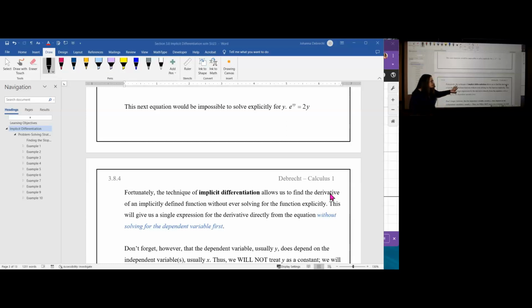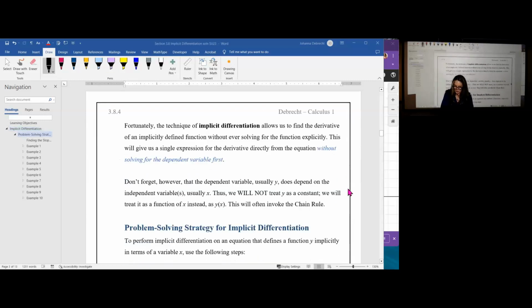The technique of implicit differentiation is going to let us find the derivative, whether it's solved explicitly for the variable y or not. It will give us an expression for the derivative without having to have that y equals.